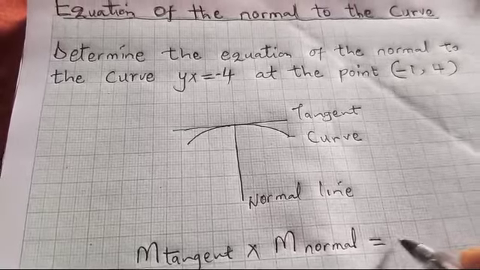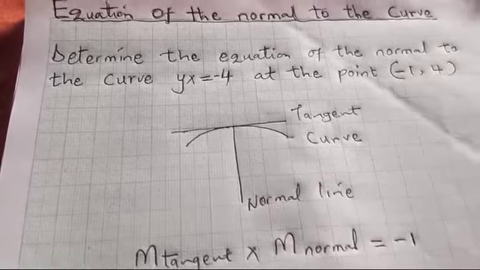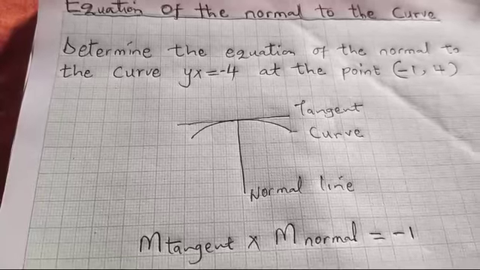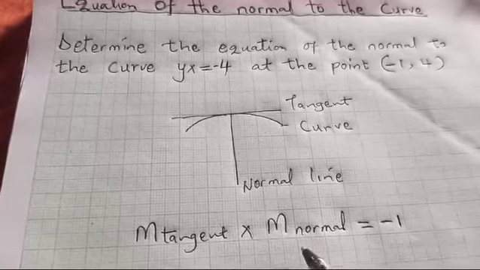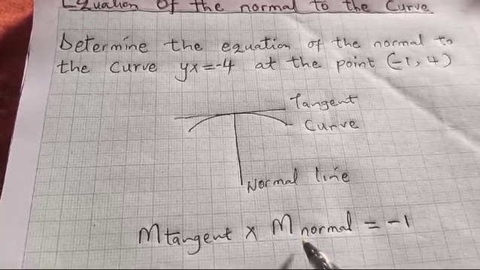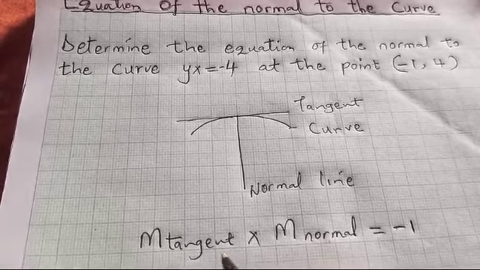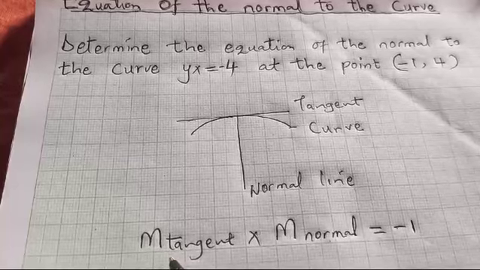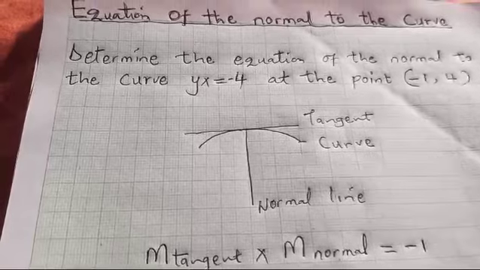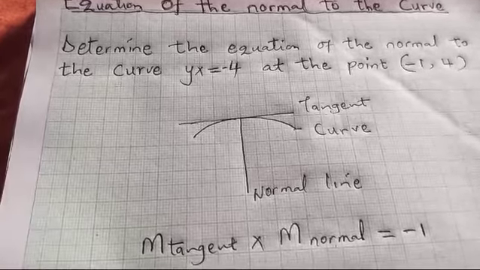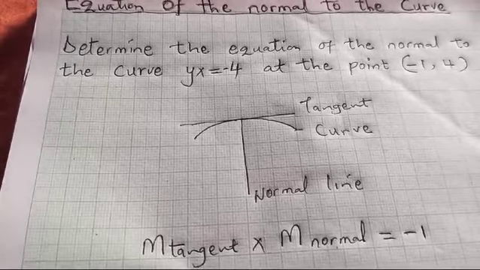This will give you -1. So in the equation we are going to form, we are going to use the gradient for the normal, unlike in our previous presentation, where we used the gradient for the tangent. So let us move to the solution.